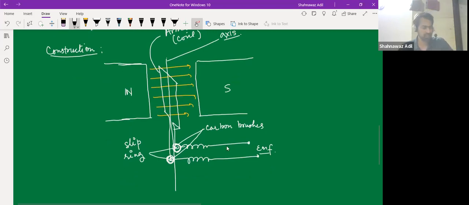So what you do is, let me show you. So this is a coil, and let's assume that on these two sides you have some magnetic field. So magnetic field lines are going in this direction, right? And you have this area.